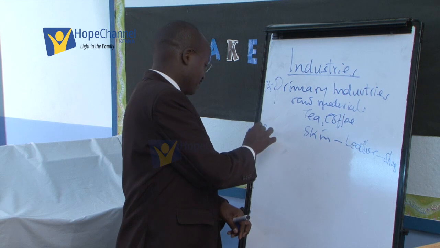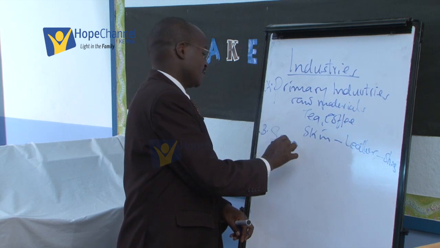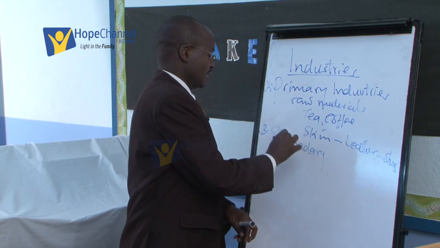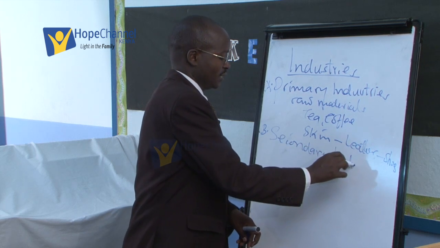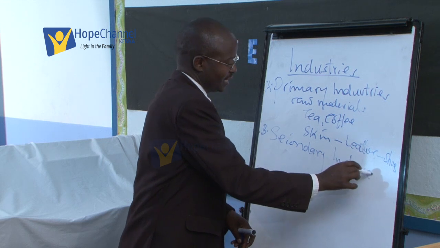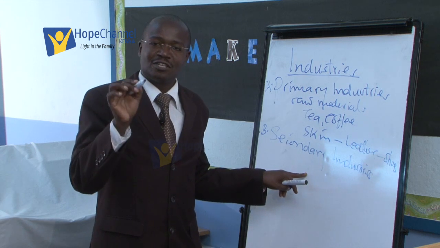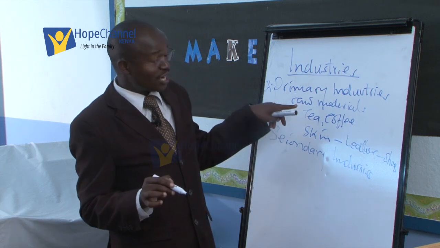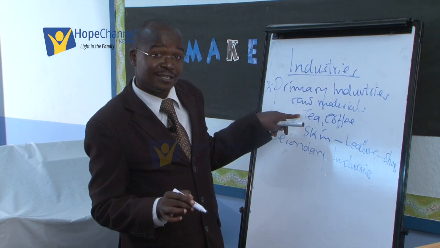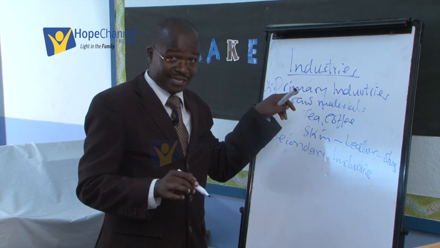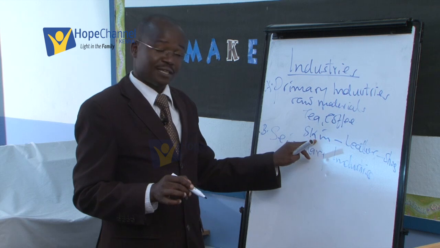Then type number B is secondary industries. What are these secondary industries? Secondary industries are the industries that use raw materials that are actually not in their original state, but the products of primary industries. Take an example of a skin.